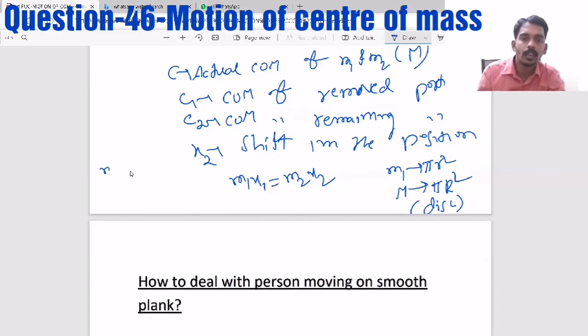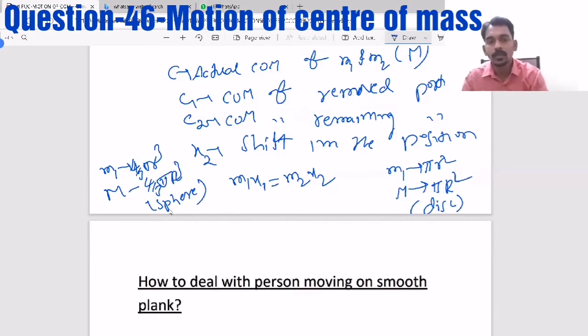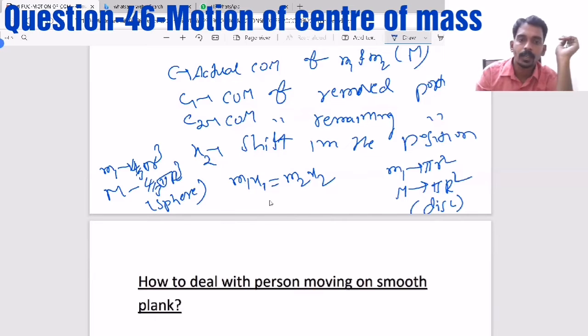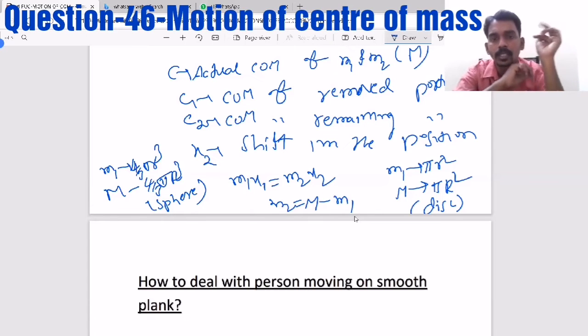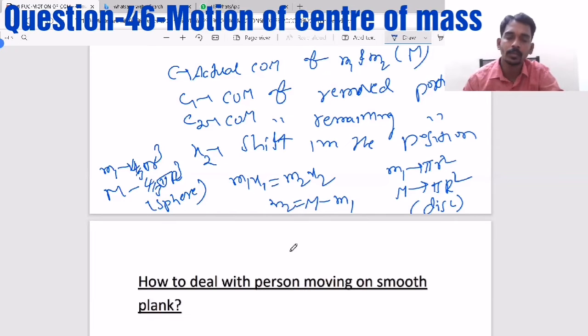Or m1 is the mass of 4 by 3 pi r cubed and capital M is the mass of 4 by 3 pi R cubed, in case of a sphere. If you cross multiply, you will get small m1 in terms of capital M. And small m2 is nothing but capital M minus m1, because m1 plus m2 is nothing but the total mass. This way they can ask questions based on the shift in the position of center of mass.